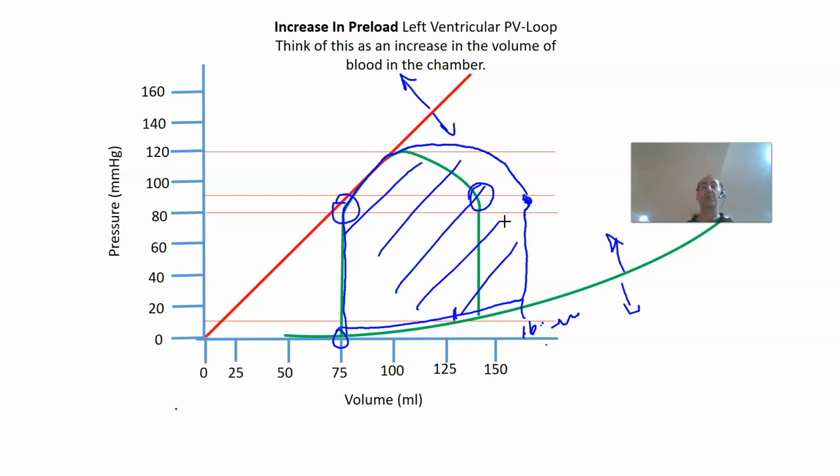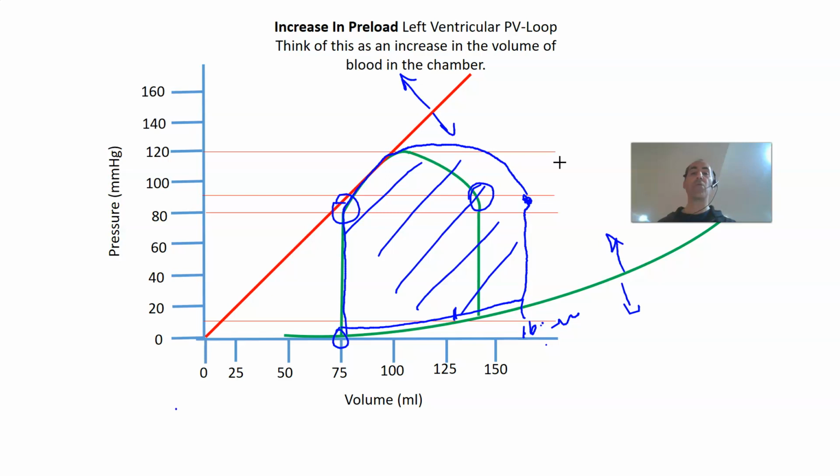So this can be explained by something called the Frank-Starling law of the heart. And the Frank-Starling law of the heart, and Frank and Starling were two different people, by the way, researchers in early cardiovascular research, states that in layman's terms, what comes in must go out.